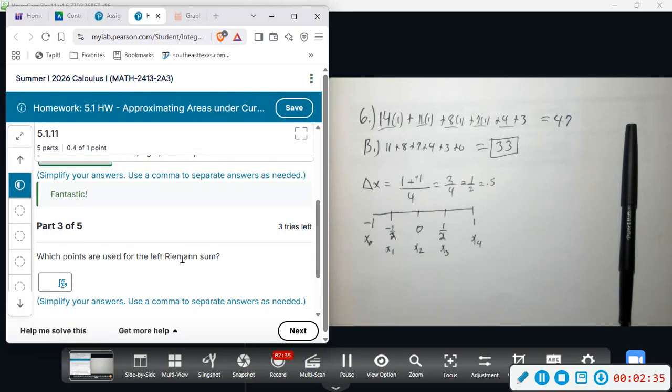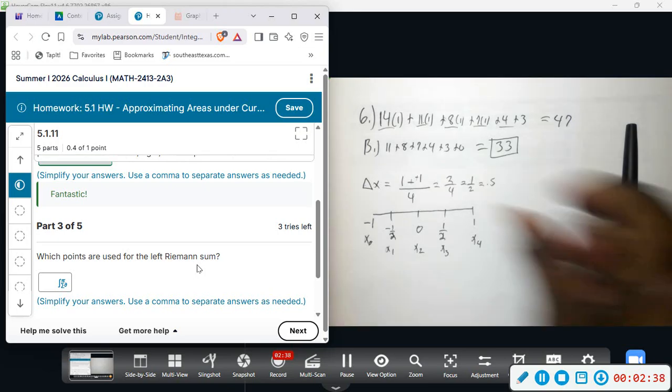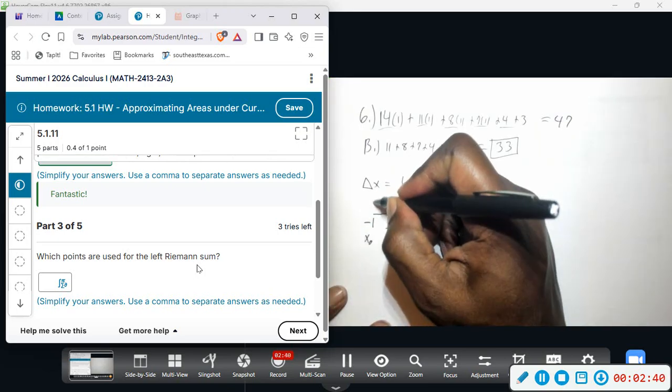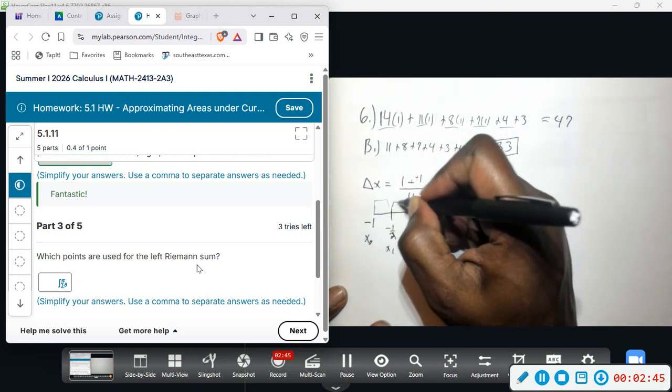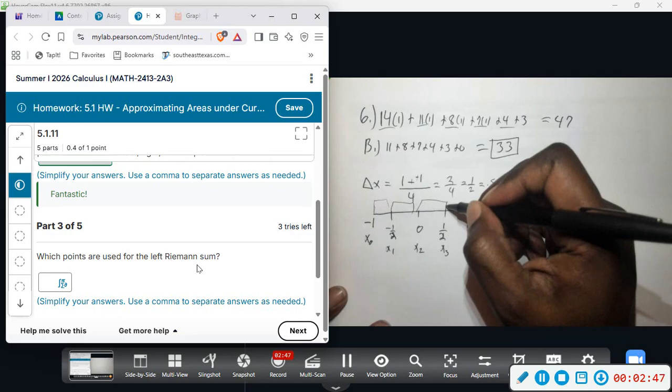All right, which points will be used for the left Riemann sum? Okay, so we were making rectangles from the left endpoint. We would use this one, this one, this one, this one.